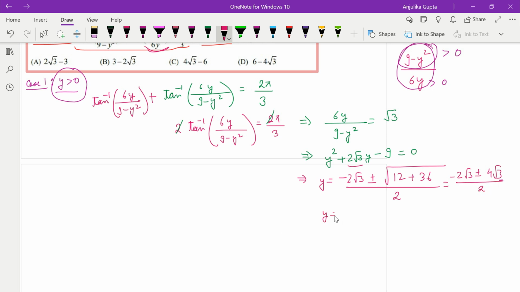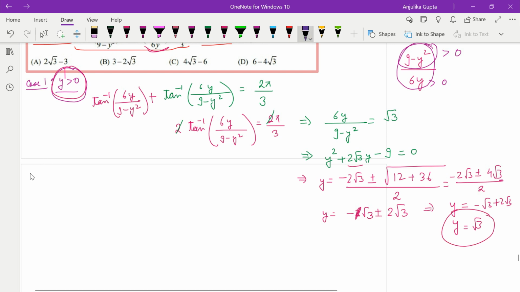So you end up getting two values, minus this plus minus. If you cancel out the 2 from the denominator, you end up getting this. So you are only going to take the positive y value, right? Because we are in the case when y is positive. So from here you get y is equal to minus root 3 plus 2 root 3, that is root 3. So one solution is root 3.